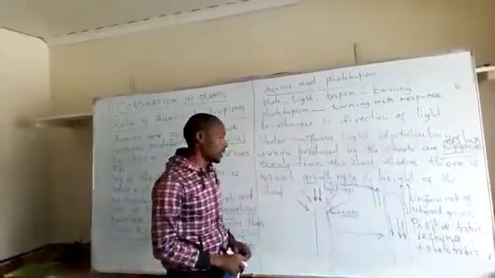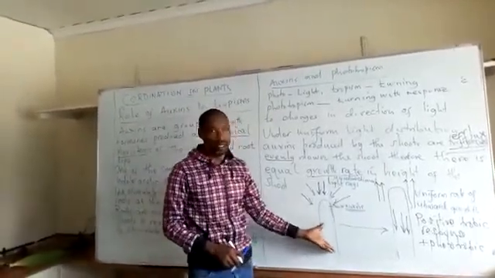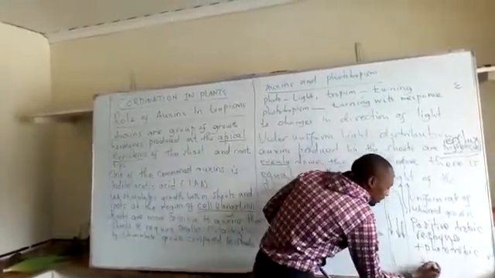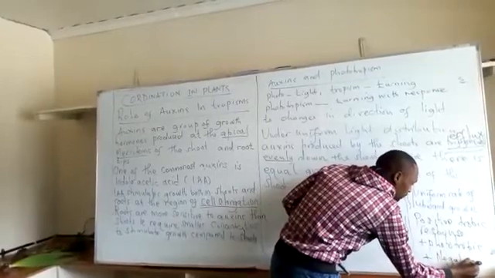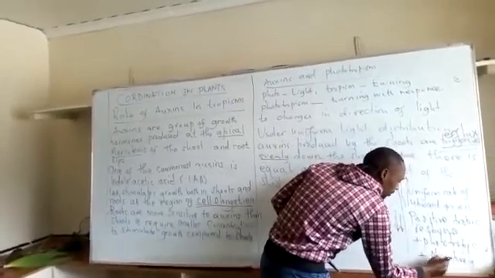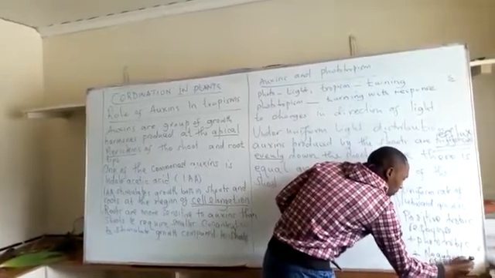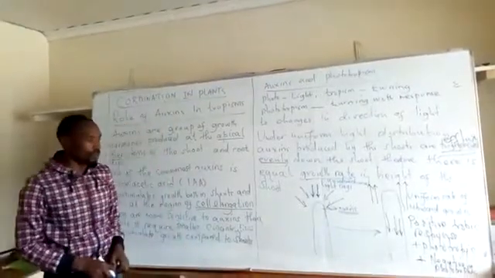But for the roots, since the roots are growing away from the direction of light, they are referred to as negatively phototropic. Therefore, the shoots are positively phototropic, the roots negatively phototropic.